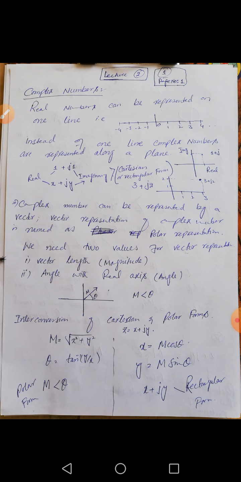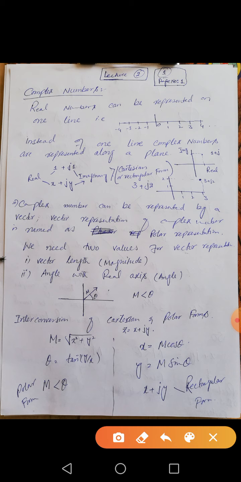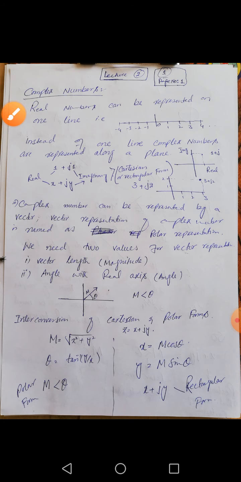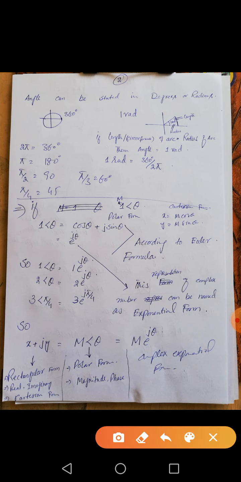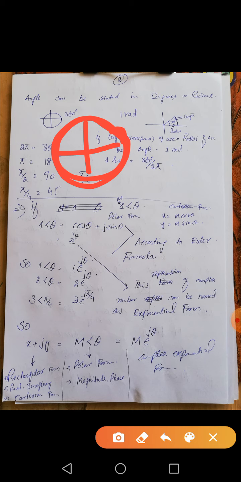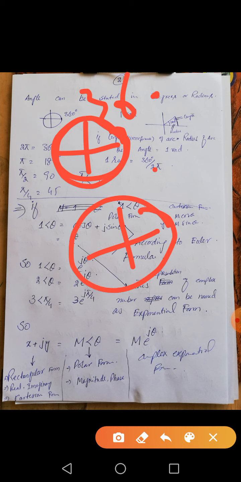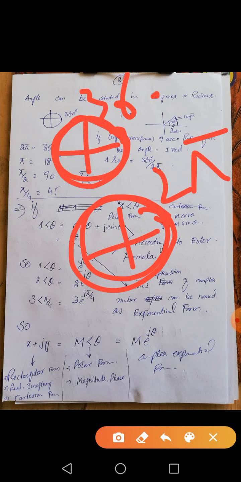This angle theta in the polar representation can be represented in degrees or in radians. For example, if this is the complex plane, a complete rotation is 360 degrees, or 2 pi radians.